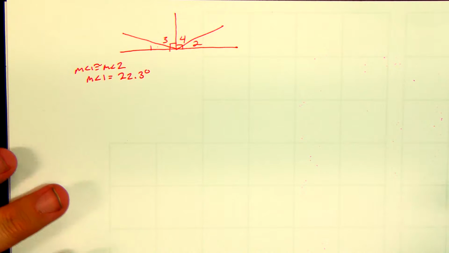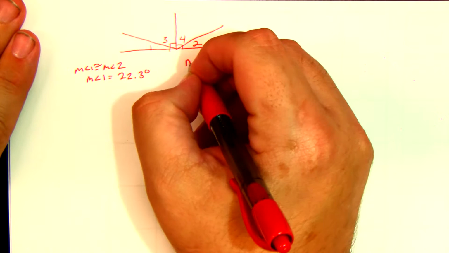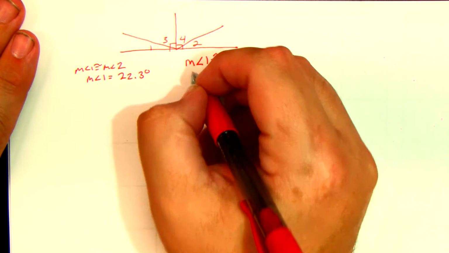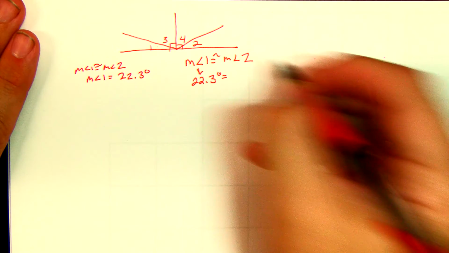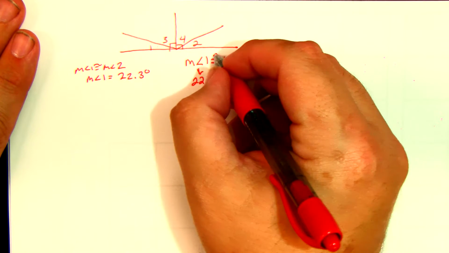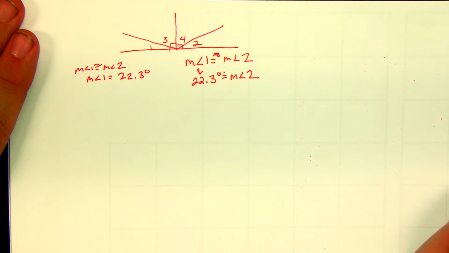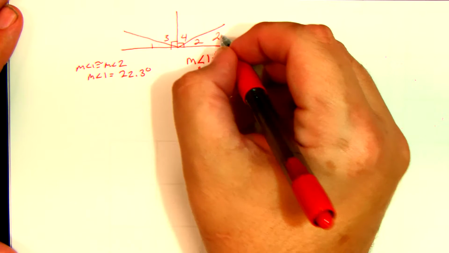Now, if I know that the measure of angle 1 is congruent to the measure of angle 2, and angle 1 is 22.3 degrees, that means they're equal to each other. And I just do a substitution. Didn't we just find out what angle 2 is? All right, so angle 2 is 22.3 degrees.